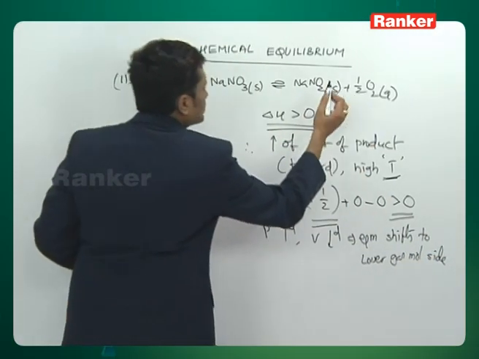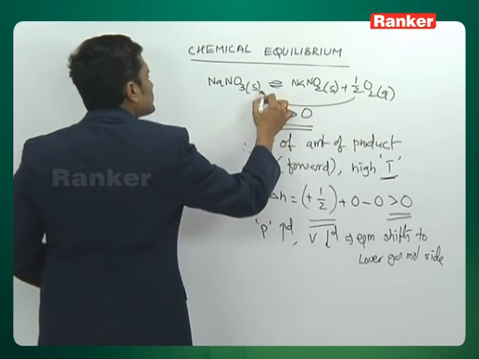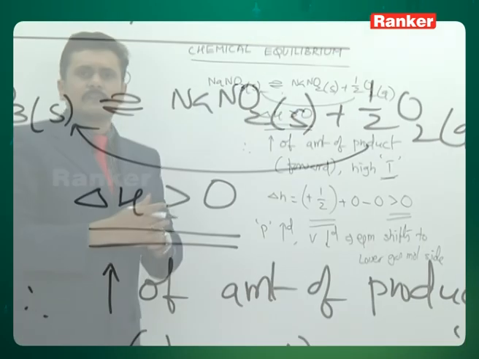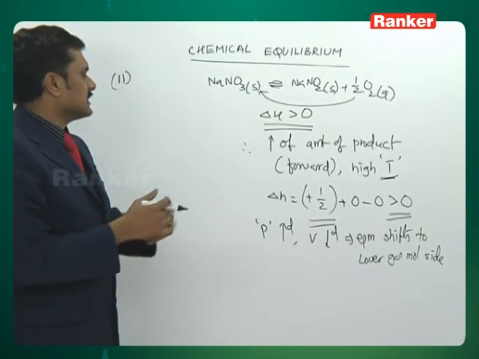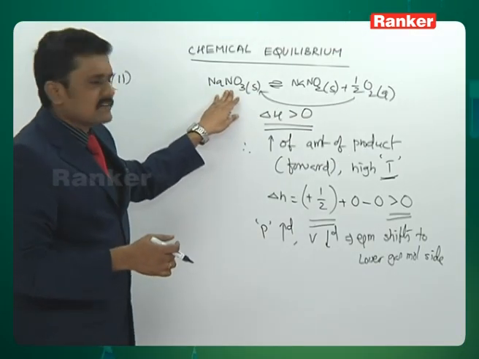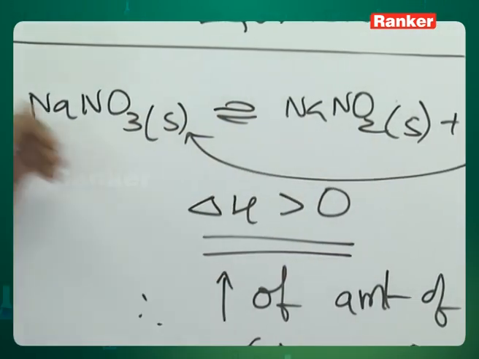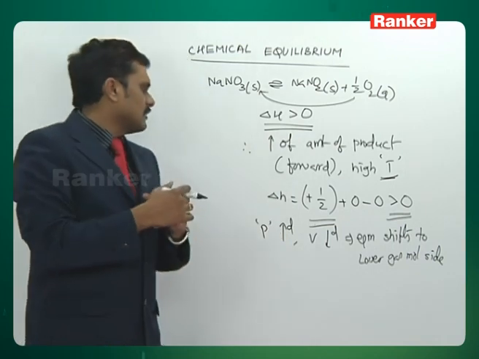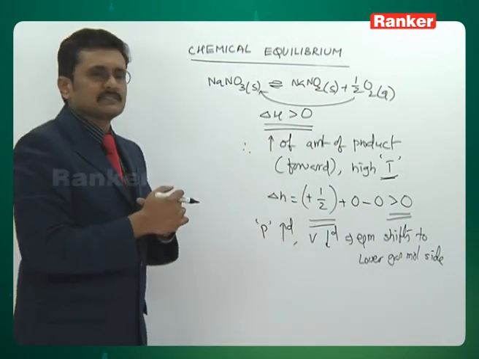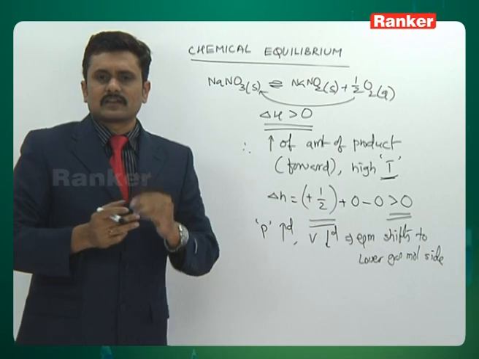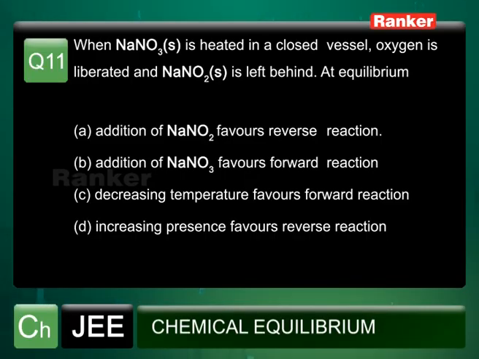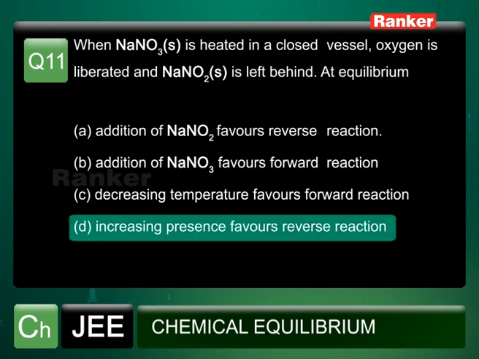Which side has fewer moles as far as gases are concerned? The reactants, as there is only half mole of gaseous product. The reactants are going to be formed more by shifting this equilibrium in the backward direction when the pressure is increased. So increasing the pressure favors the reverse reaction, which is the correct option for the given question, that is option D.